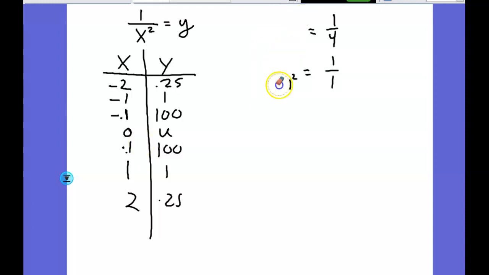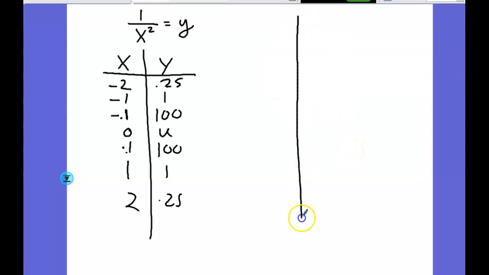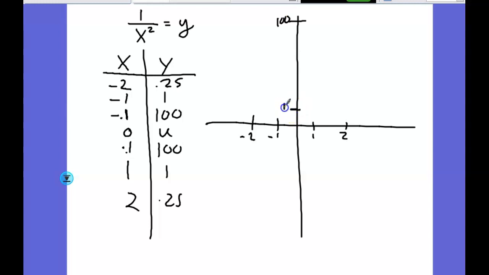Okay, now let's see what that's going to look like when we graph it then. This time, I guess I'll pretend to go up to 100, although I'm not going to actually draw the graph to scale. I'll put 1 here.